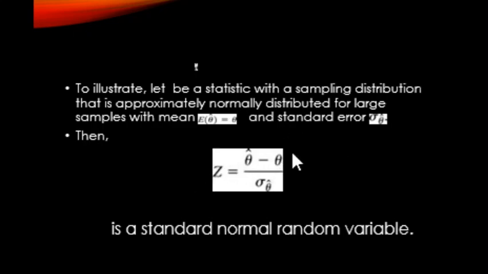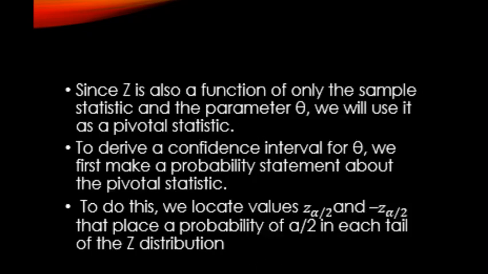Now, because it's normally distributed, we can use the z-score transformation: theta hat minus theta, divided by sigma of theta hat. That is, the mean of the sample minus the mean of the population, divided by the standard deviation of the sampling distribution. This distribution is now a standard normal distribution, which can be used to create a confidence interval.